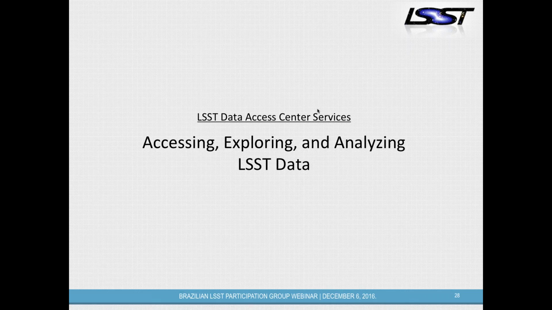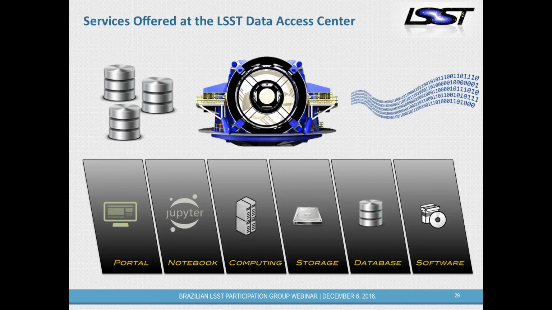And this is what that platform will look like. We'll have the telescope, we'll have the data stream, we'll have the data set, and a number of services that the user sees. I'm going to go through each one of them in the remaining couple of minutes to give you a sense for what it will feel like to access the LSST archive and to manipulate the LSST data.